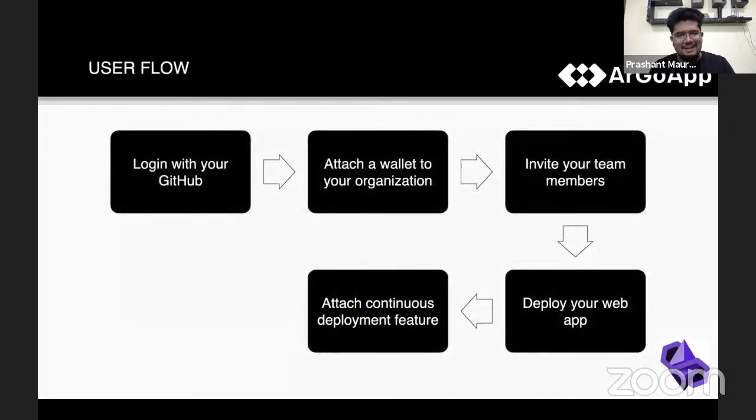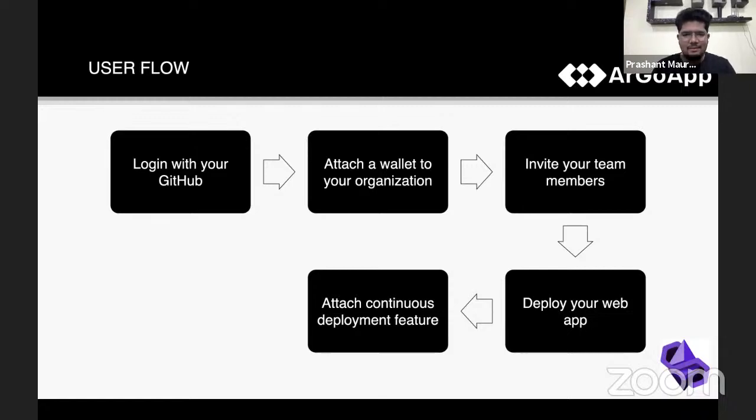Now coming to how easy it is to use Argo with your current development environment. At ArgoApp, we envision it in such a way that users coming from the Web 2.0 space and the Web 3.0 space are very comfortable using us. So we started Argo to integrate with GitHub, so that most of the devs who are using GitHub should be able to deploy their dApp on the new web.